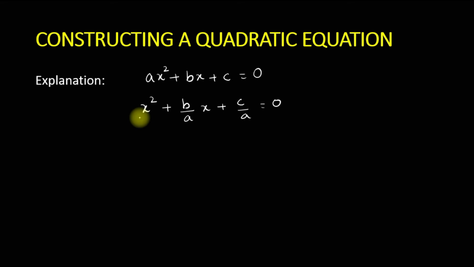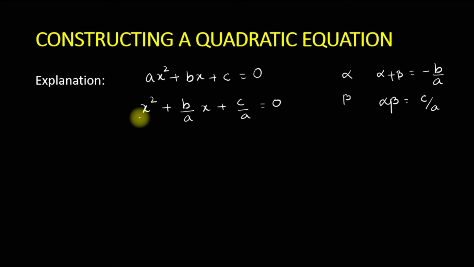Now suppose the equation has two roots, alpha and beta. So alpha plus beta, the sum of roots, is minus b over a, as we derived in the above slide, and the product of roots, alpha into beta, is equal to c over a.